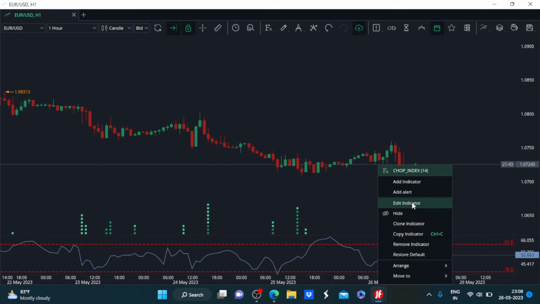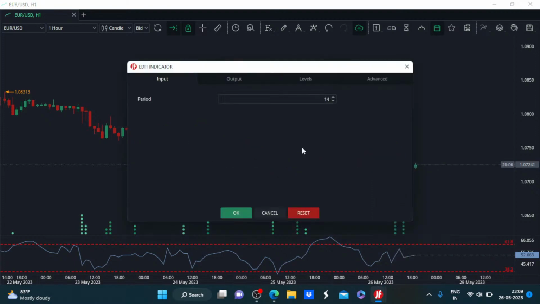So there is nothing we can do in terms of the applied price, but we can vary its calculation period. 14 is generally used as the default calculation period, but if you want to increase the calculation period, you can do that as well. So all these options are provided here.